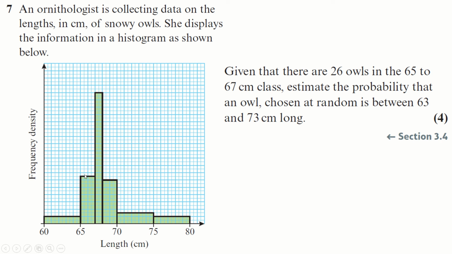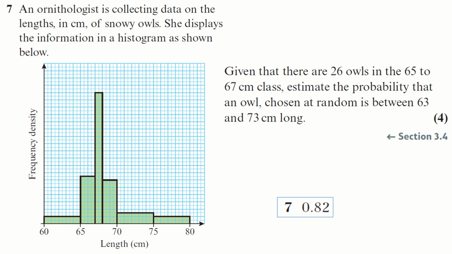So this is 26 owls. We can similarly work out how many there are in the other blocks, so it's 1 owl per 2 squares, so there's another 8 squares there, so it's going to be another 4 owls, and so on. You figure out how many owls there are in the block we're interested in, how many owls there are in total, and divide them, and that'll give you your probability. And if you do that, you should get 0.82.